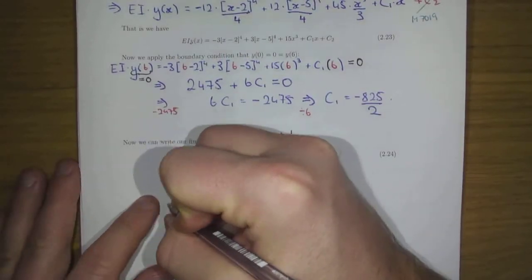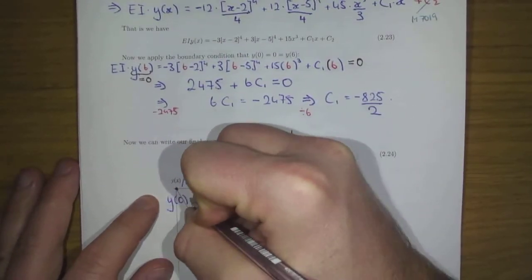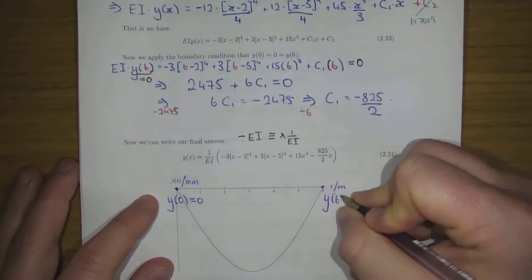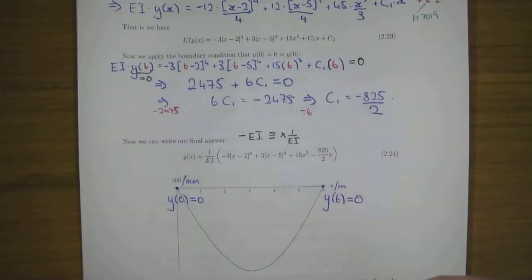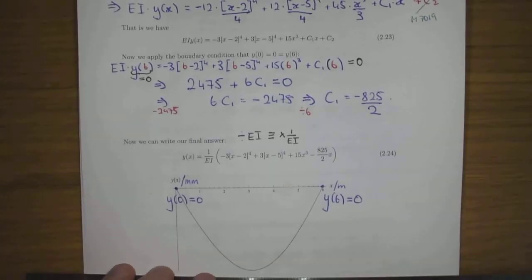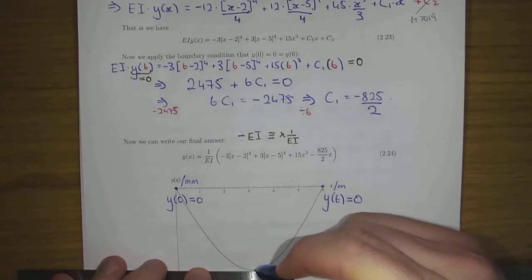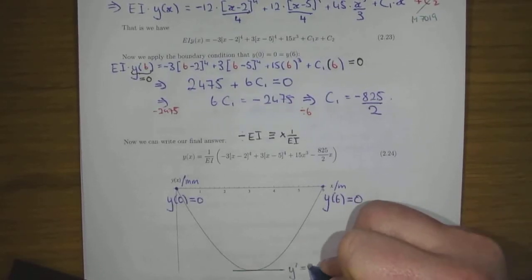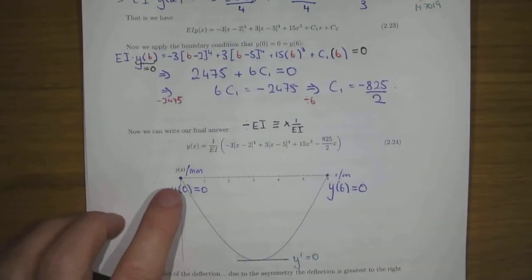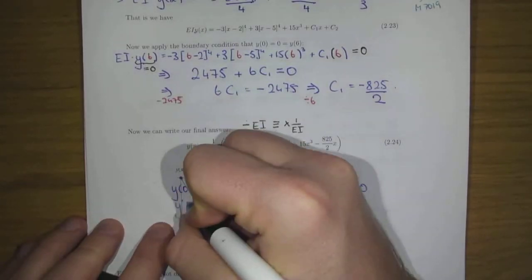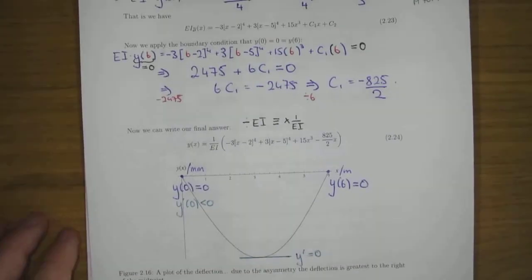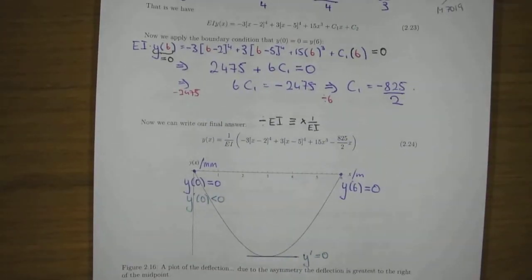The deflection here is 0, and the deflection here is 0, and wherever the maximum deflection is, the slope is 0. There's a few more things we can write actually. So the slope here is equal to 0, and we should write that the slope here at 0 is negative because it's going down. So that's everything for simply supported.